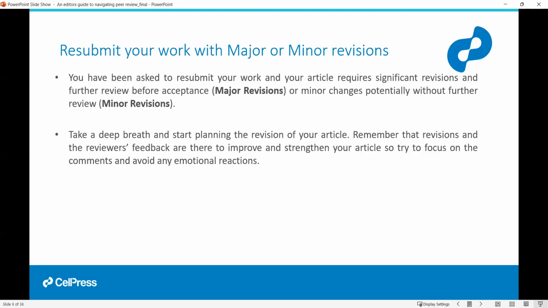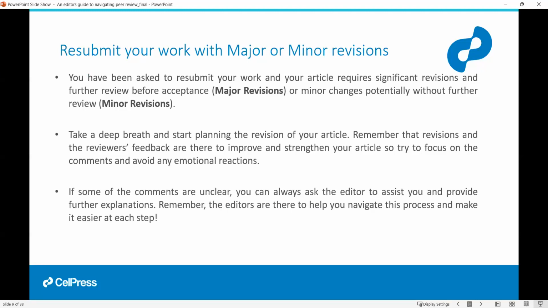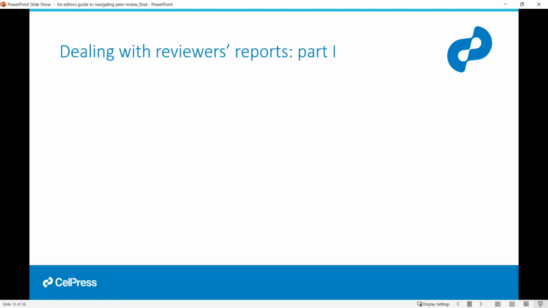Remember that revisions and reviewers' feedback are there to improve and strengthen your article, so try to focus on the comments and avoid any emotional reactions. If some of the comments are unclear, you can always ask the editor to assist you and provide further explanations or discuss it with other scientists. The editors are here to help you navigate this process and make it easier at each step, so don't be afraid to ask for their help.